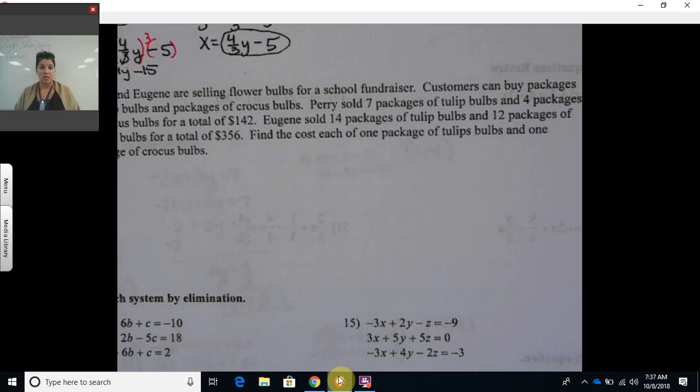So we've got to figure out how much each package costs, right? So we need variables for what? The cost of a package of tulip bulbs, and we need a variable for how much a package of crocus bulbs costs, right?